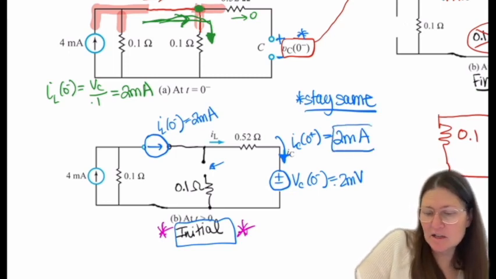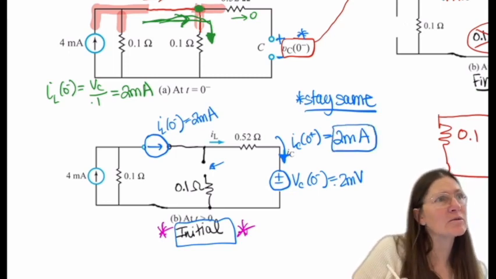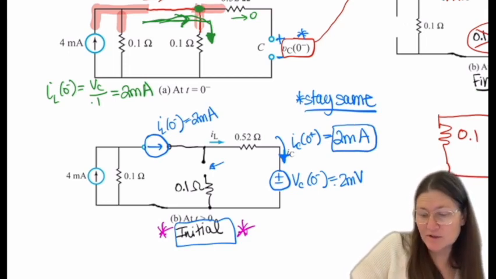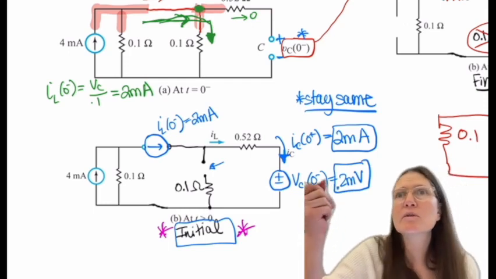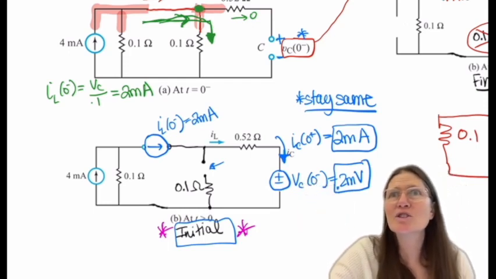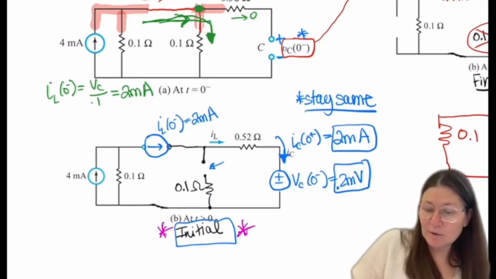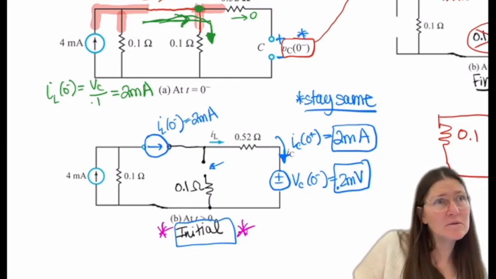And this is my initial value for IC of 0. And then VC of 0 will stay the same, so that's 0.2 millivolts. Okay, so those are our initial values for IC of 0 and VC of 0.